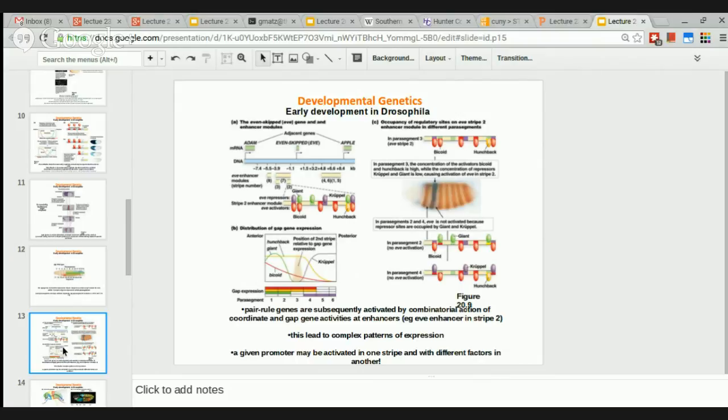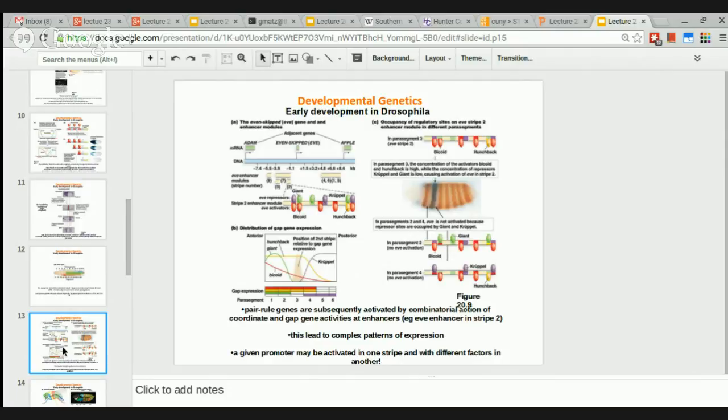Giant, Krüppel, bicoid, etc. And now we have pair rule genes that have extremely complex sets of regulatory regions in their promoters. And these regulatory regions respond to different sets of gap genes, including bicoid, which has lingered along for the ride.